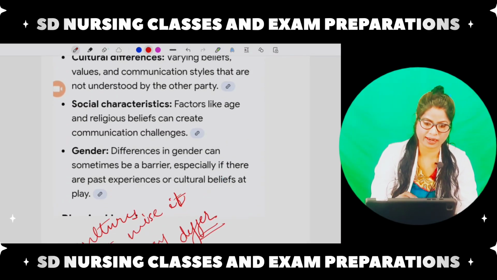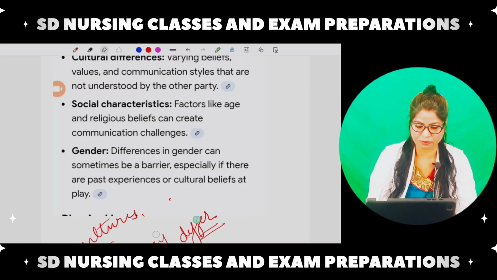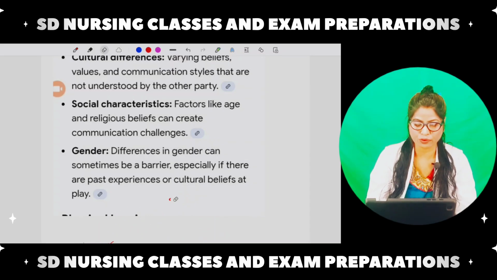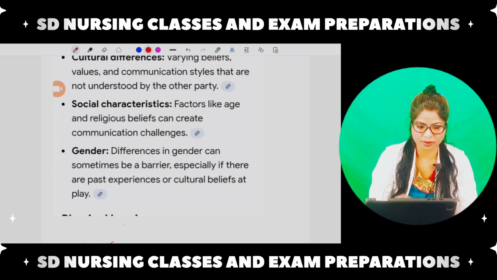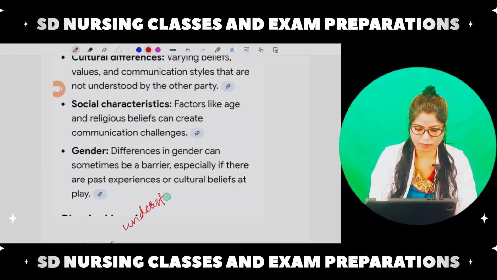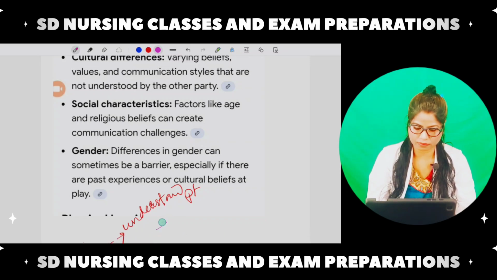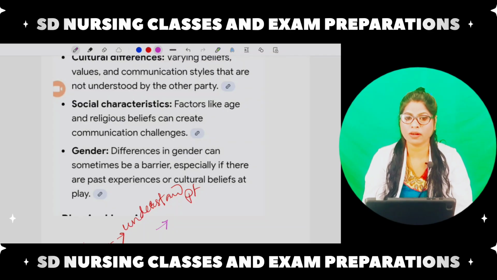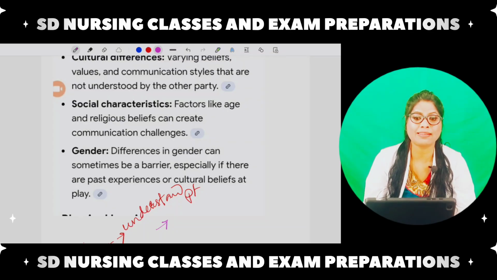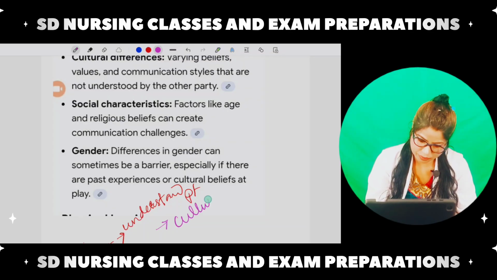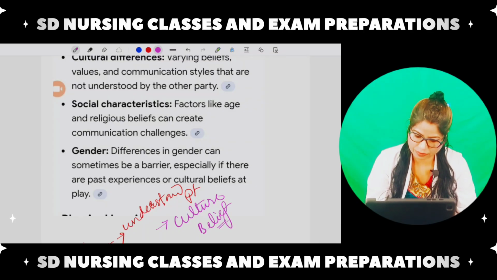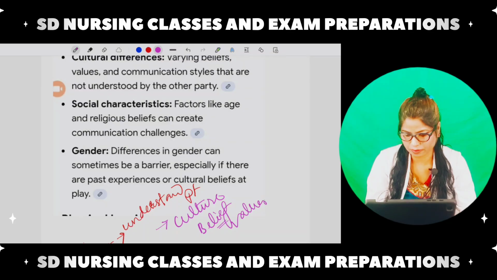You have to understand how to overcome this type of issue. We have to first understand the patient. Second, we have to understand his culture, belief and values.